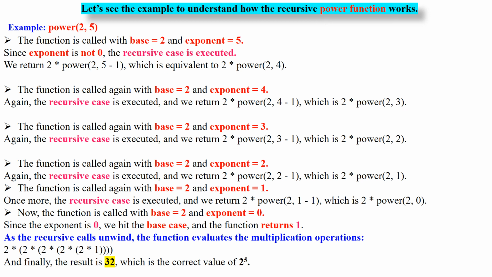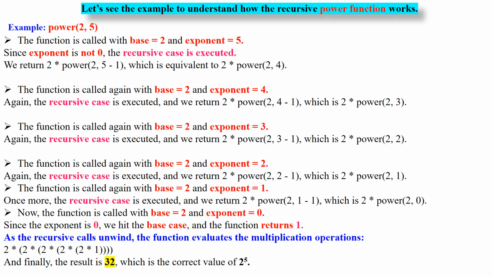Let's see an example to understand how the recursive power function works. Example: power of 2, 5. The function is called with base equals 2 and exponent equals 5. Since exponent is not 0, the recursive case is executed.